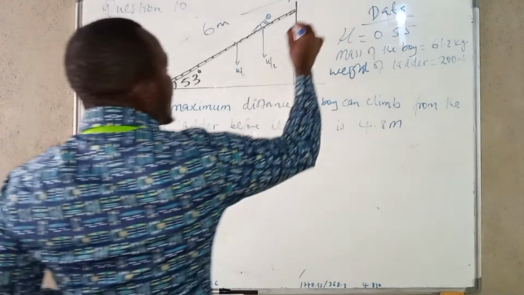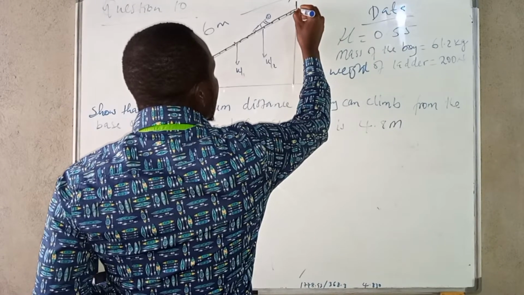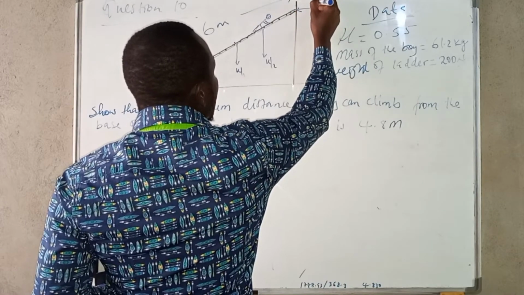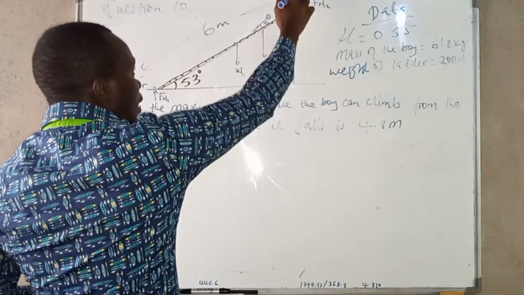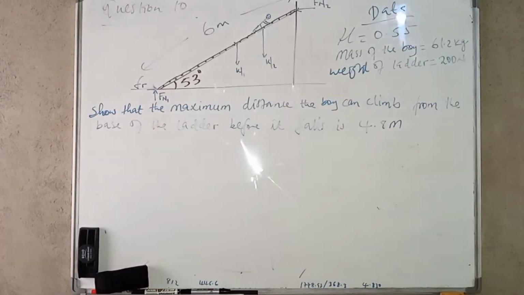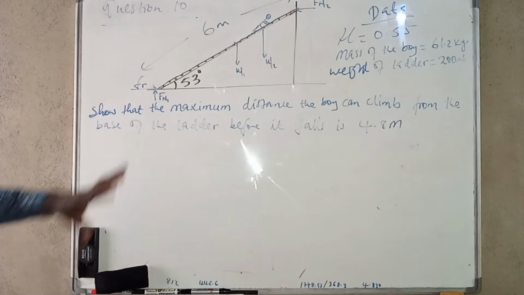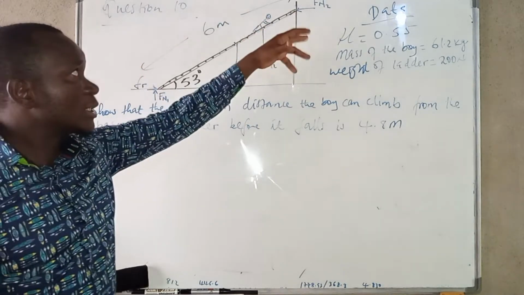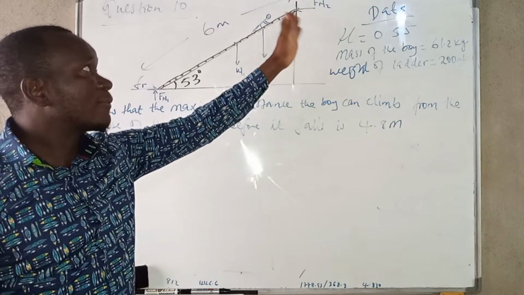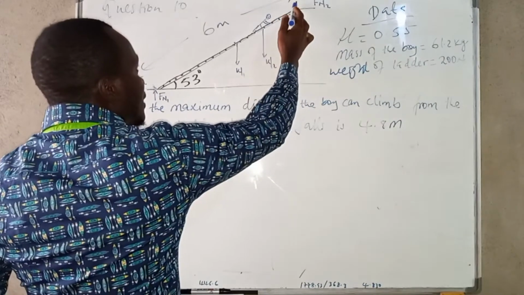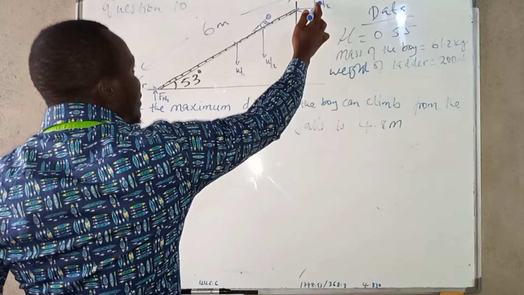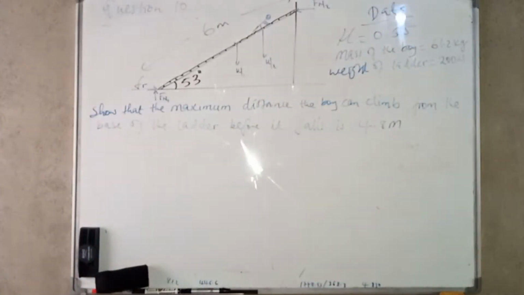And also we have another force acting in this direction, which is Fn2. This wall is assumed to be frictionless, meaning there's no friction force opposing the motion. Rather, we just have this force, which is the Fn2 here.